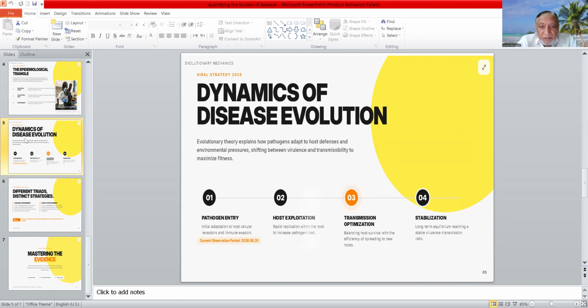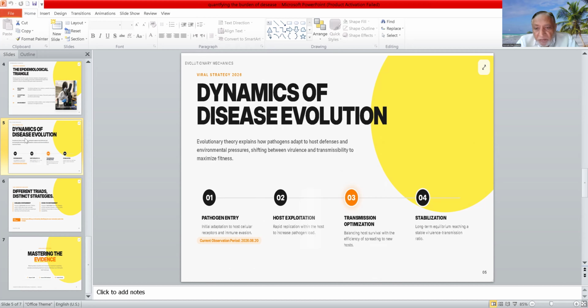Then the dynamics of disease evolution. Evolution theory explains how pathogens adapt to host defense and environmental pressure, shifting between virulence and transmissibility to reach maximum fitness.